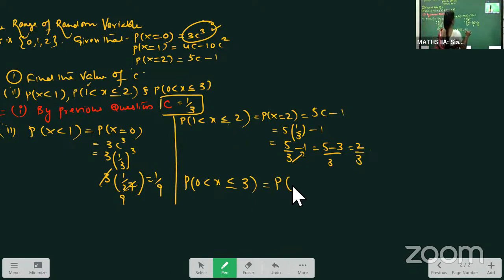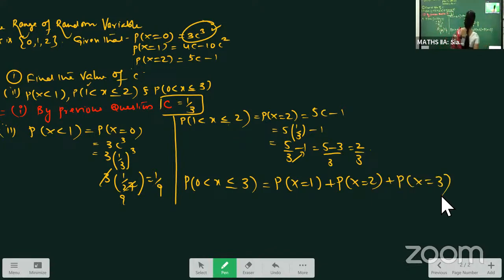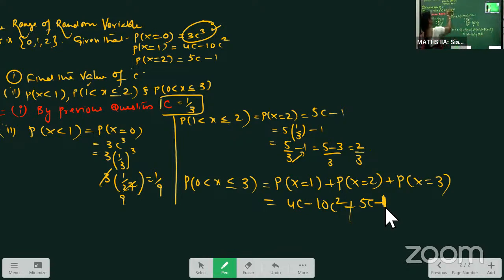P of x is equal to 1 plus P of x is equal to 2 plus P of x is equal to 3. P of x is equal to 1, the concerned value is 4c minus 10c square. And P of x is equal to 2 is 5c minus 1. And P of x is equal to 3 is not given. P of x is equal to 3 is not there, so we can't do anything. This is not given.